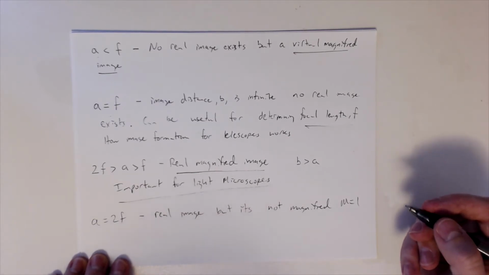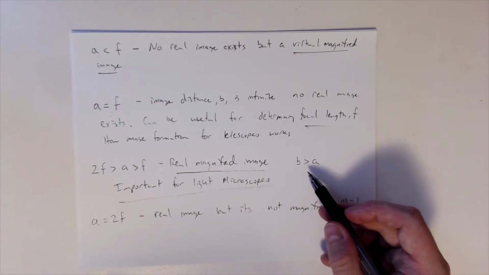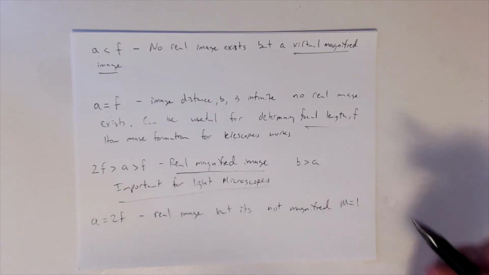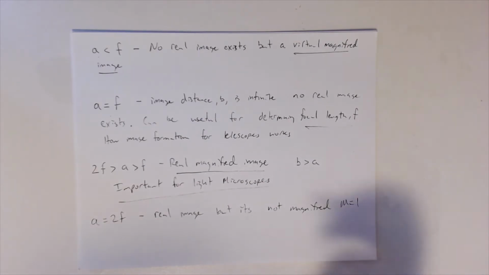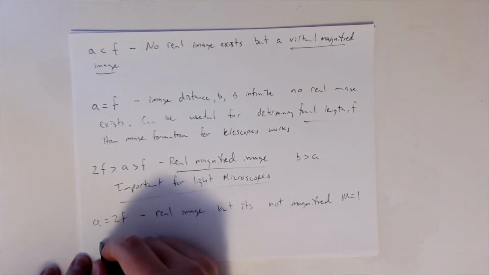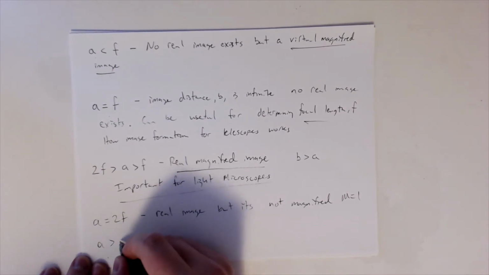So what that tells us is that, again, the magnification was B over A, so that tells us the relationship there and says that B is equal to A.